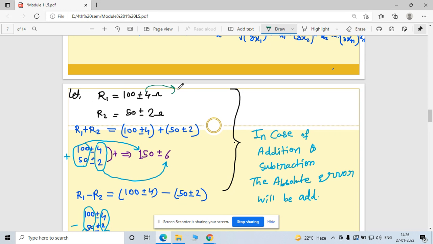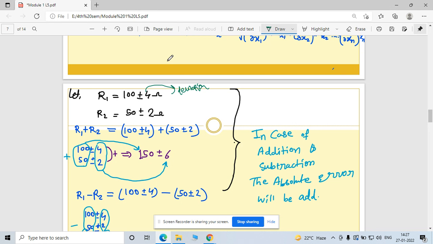It is given in ohms, not in percentage. In such a case, when the deviation is given in terms of the absolute value, this is called the absolute error.